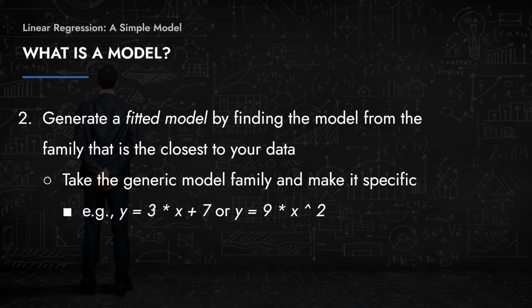What we did was generate a bunch of models using different random numbers, like 3 and 7, 1 and 5, 9 and 6, or whatever. And so we're left with, let's say, 100 different lines, 100 different models, and we pick the one that is closest to your data. I'm going to explain in the following slides how you would measure closeness.